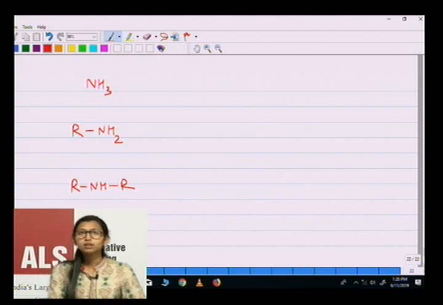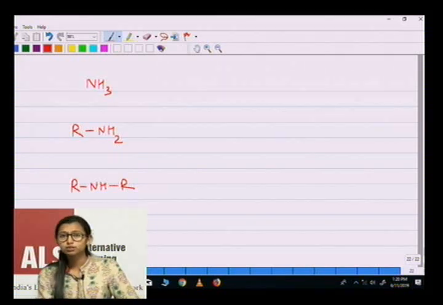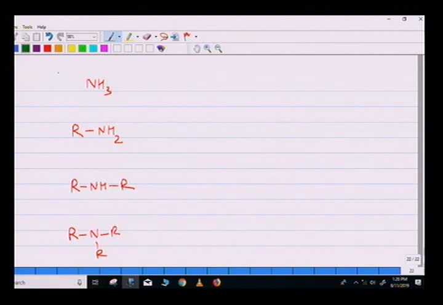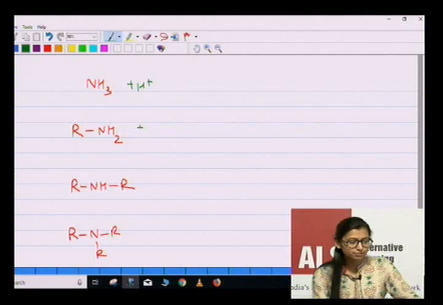Now everyone just listen to me very carefully. It's very interesting. In these three, we know the answer by the inductive effect. But let's say all of these are bases, obviously. If they work as a base, how will it look? Everyone, look at the screen. It means everybody is accepting H plus.